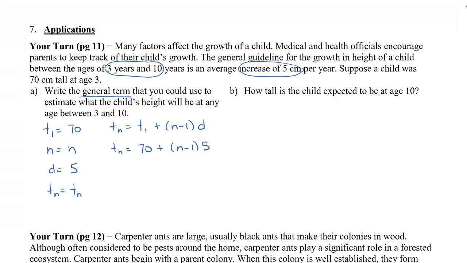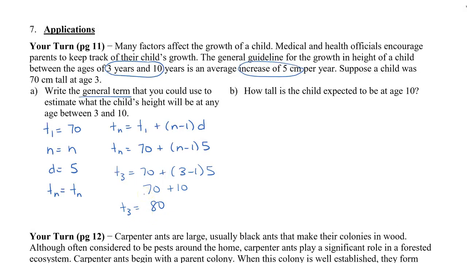So when the child is actually 3, let's plug this in. T3 is 70 plus 3 minus 1 times 5. 3 minus 1 is 2, and 2 times 5 is 10. So it's 70 plus 10, which would mean that when the child is 3, they would be 80. So that's not correct.